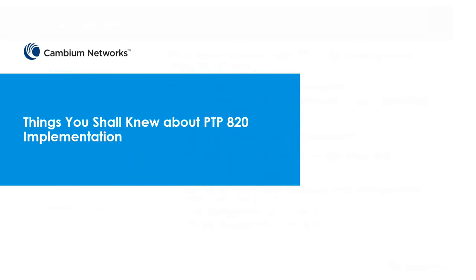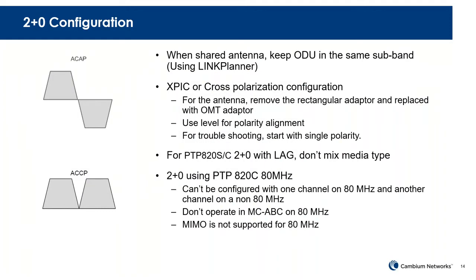And so, things you need to know about PTP 820 implementation. There's a few tricks you want to know. When we say with 820 we support 2+0, what does 2+0 mean? We say we support ACAP and ACCP. ACAP stands for adjacent channel alternate polarization, and ACCP stands for adjacent channel copolarization.